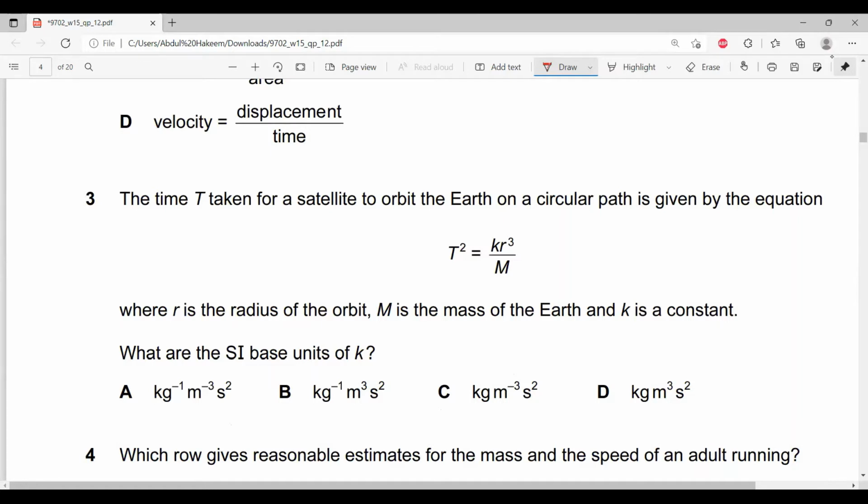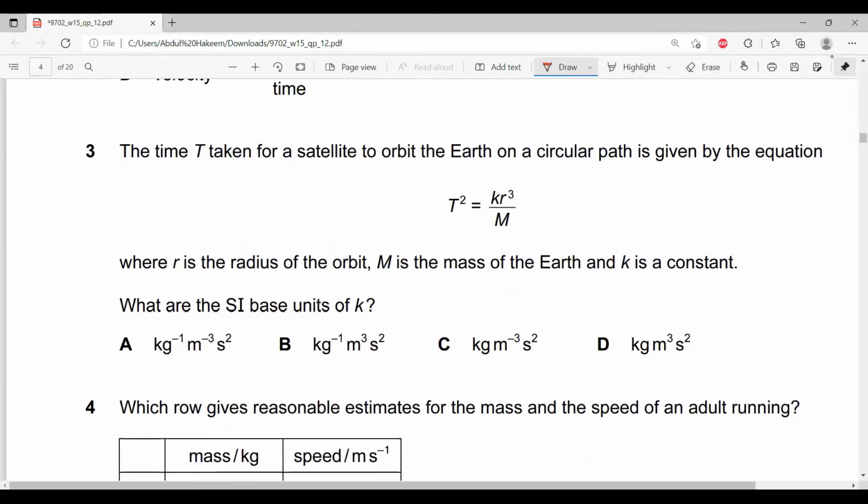Next, question number 3. The time taken for a satellite to orbit the Earth on a circular path is given by the equation T squared is equal to k r cubed over m, where r is the radius, m is the mass, and k is the constant. What are the SI base units of k? First we make k the subject of the equation. It is T squared m divided by r cubed.